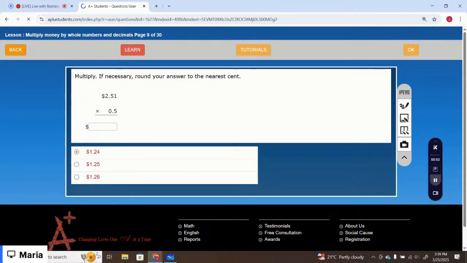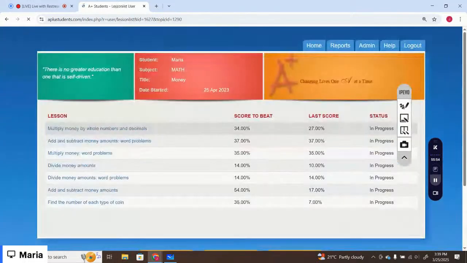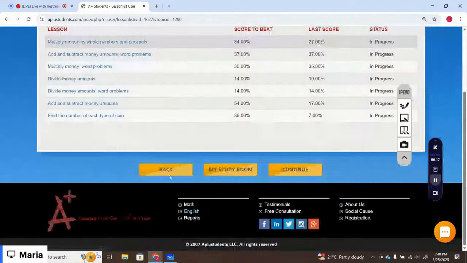So we were working on grade 6 math. We have started with the chapter ratios and rates.